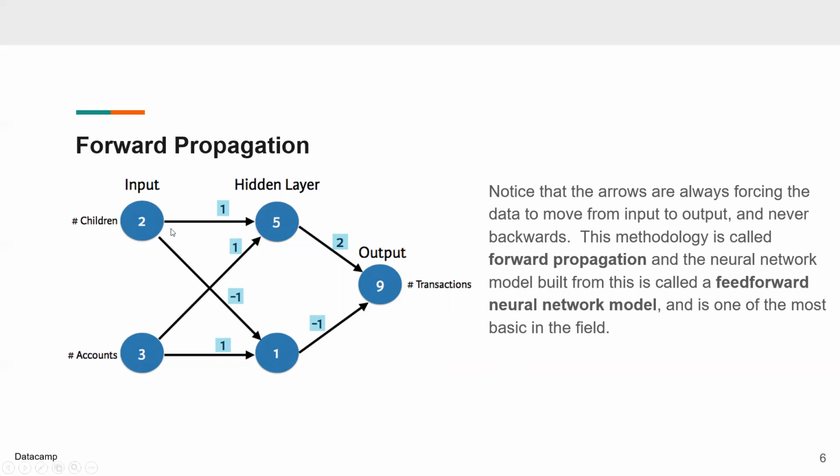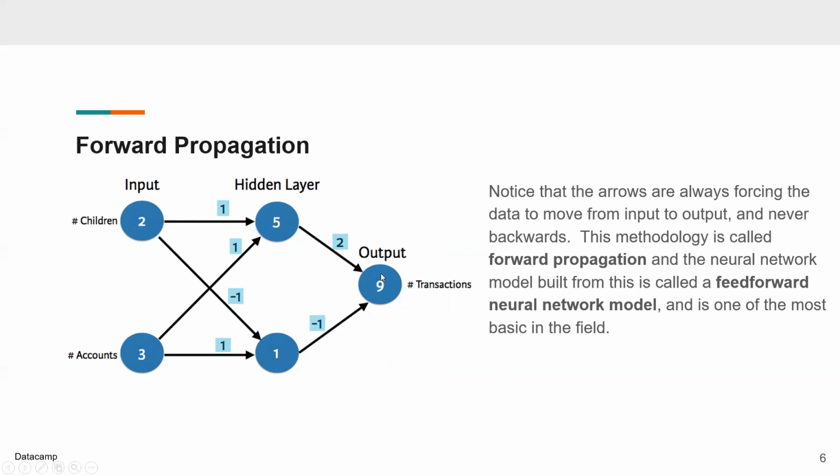And then based on that randomly initialized weight and the input, for a person who has 2 children and 3 accounts, he potentially could have 5 in this hidden node, just because 2 times 1 plus 3 times 1 equals 5. Same thing for this node: it's 2 times -1 plus 3 times 1, and it becomes 1.